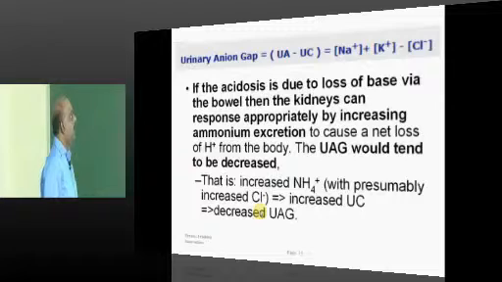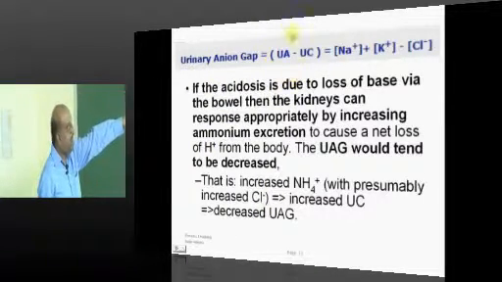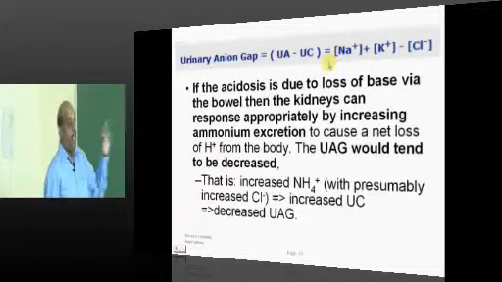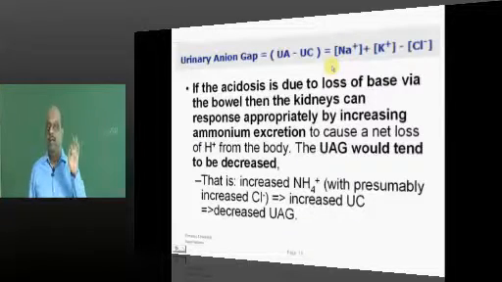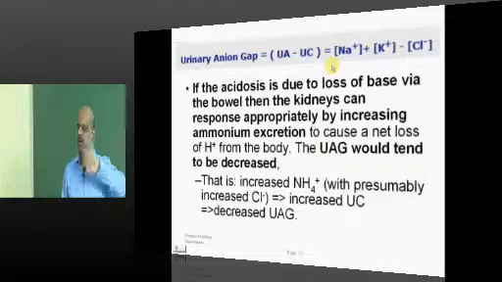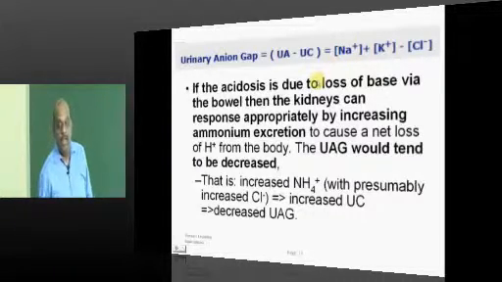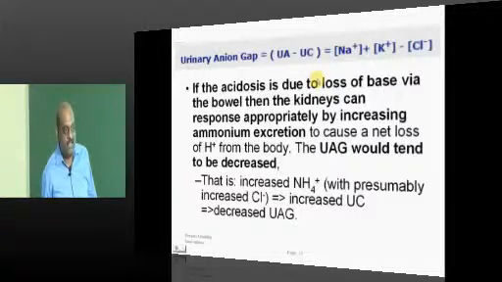We said, urinary anion gap is unmeasured urinary anions minus unmeasured cations. Your ammonia, NH4 plus in the urine, is it a measurable cation or unmeasurable cation? Is it a measurable anion or an unmeasurable anion? It is an unmeasurable cation, NH4 plus.